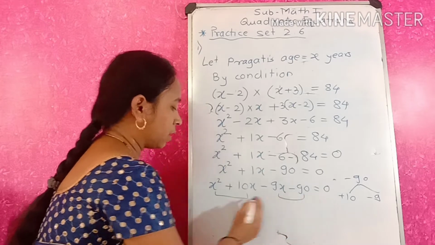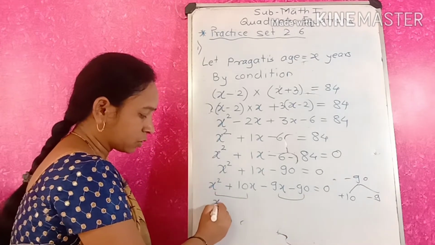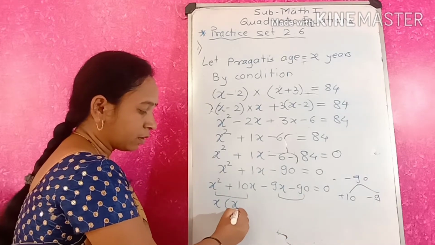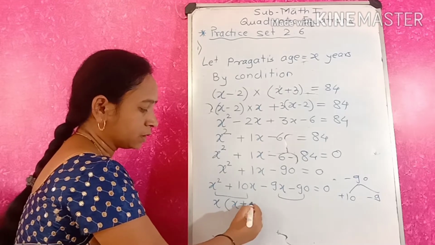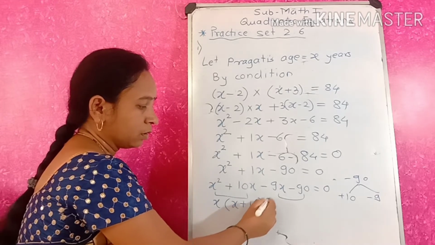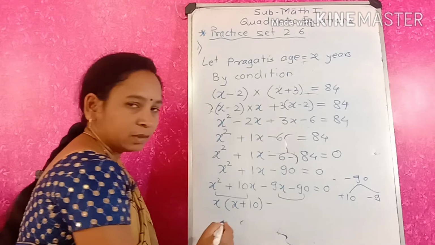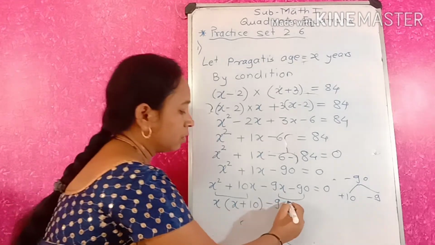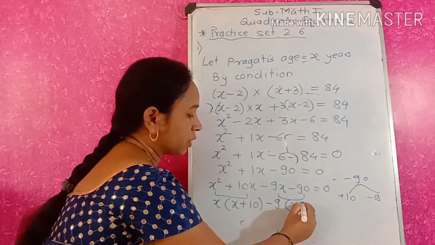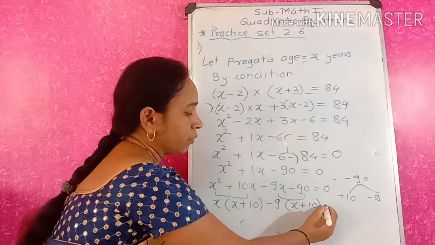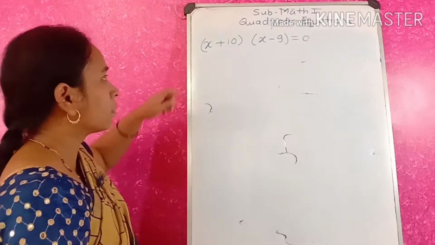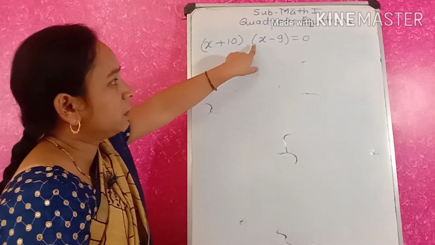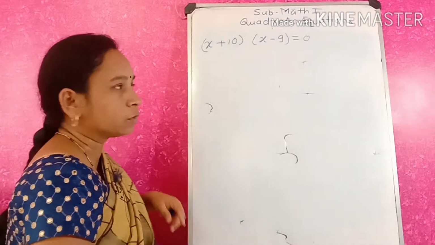I'll make the pairs and take it common. Here x is common. What is left in the bracket? x plus 10. Here if you take minus 9 as the common factor, in the bracket x plus 10 will be left is equal to 0. x plus 10 into x minus 9 is equal to 0.